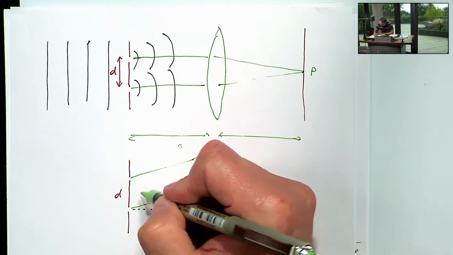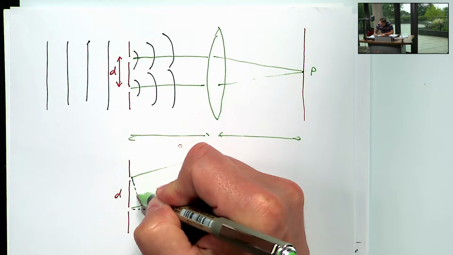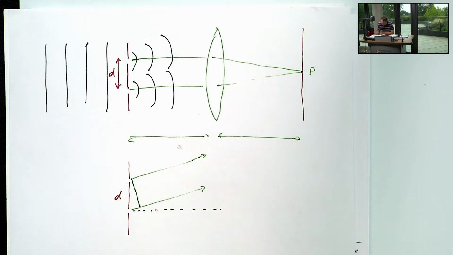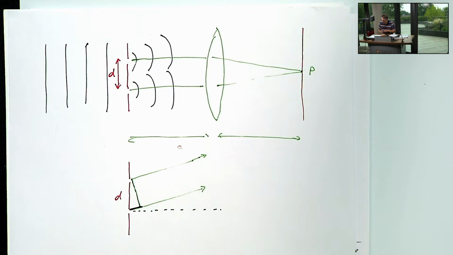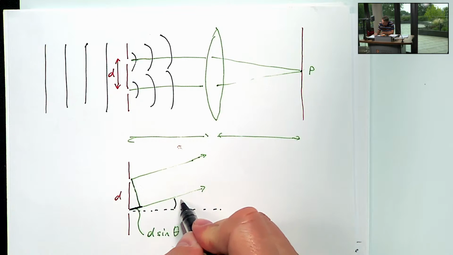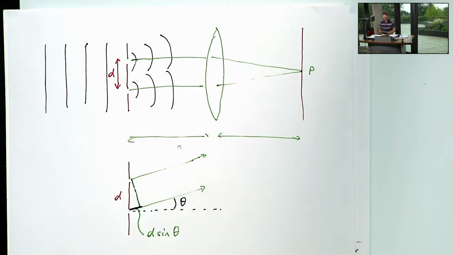Then their phase difference is given by this path difference here, and this path difference is given by d sine theta, where theta is this angle here.